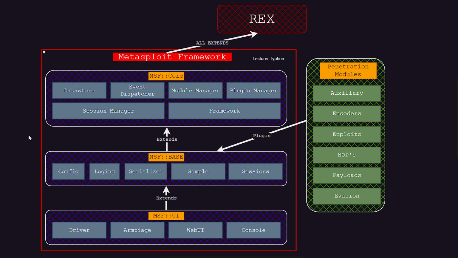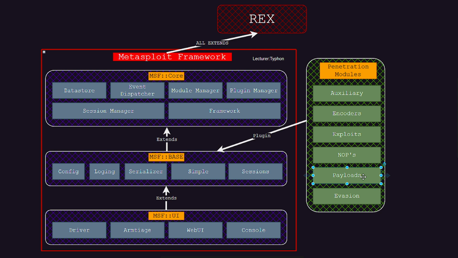We have payload modules here, for example, payloads. Payload modules are like the keys that unlock doors. They are used to establish connections to or from a compromised system after an exploit is successful. In simpler terms, they create a channel that allows the attacker to interact with the victim or target.